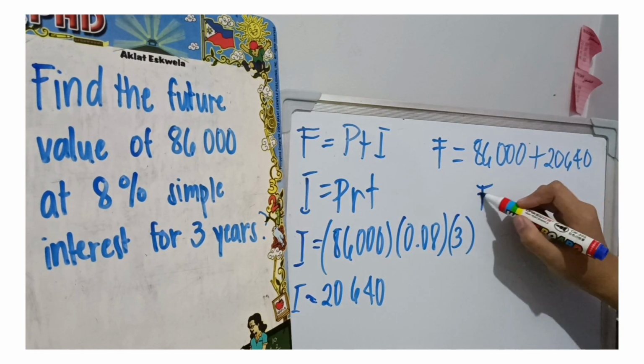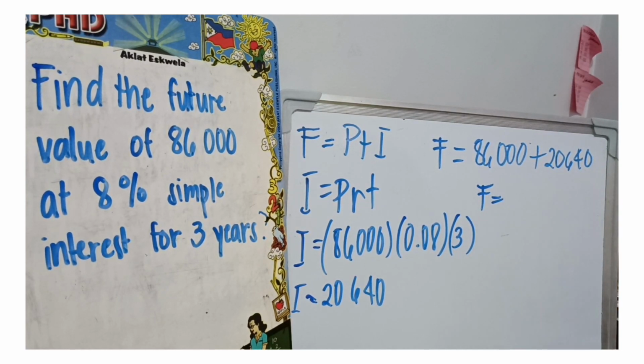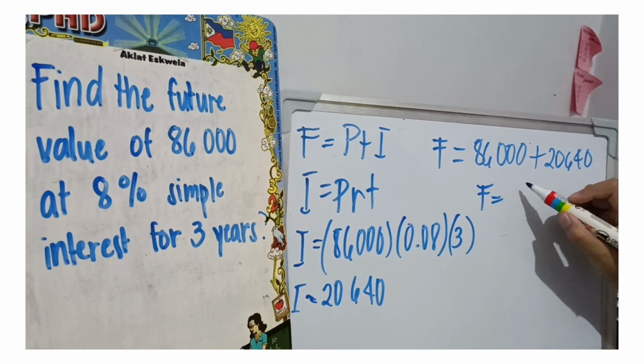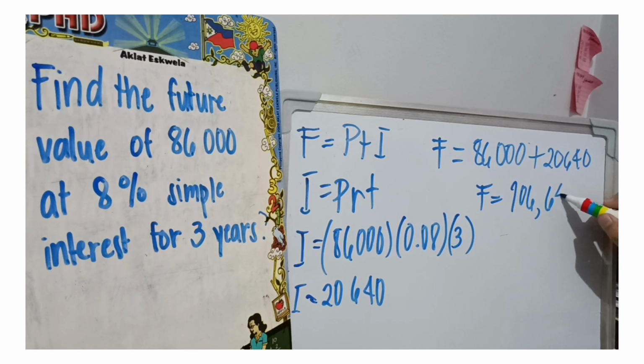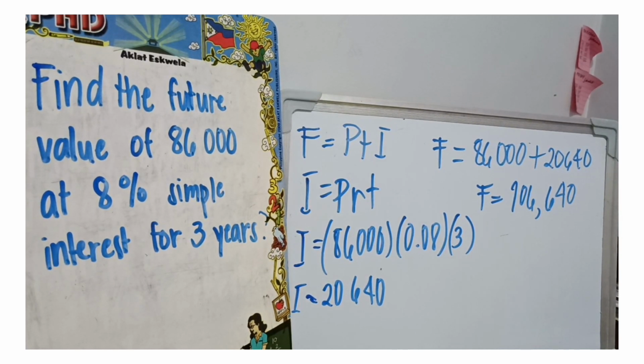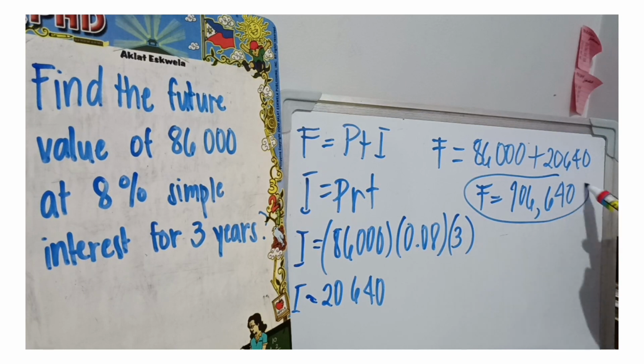So, F equals 106,640. So, we have found the future value. This is the answer: 106,640.